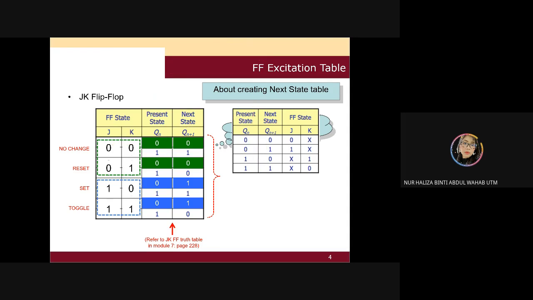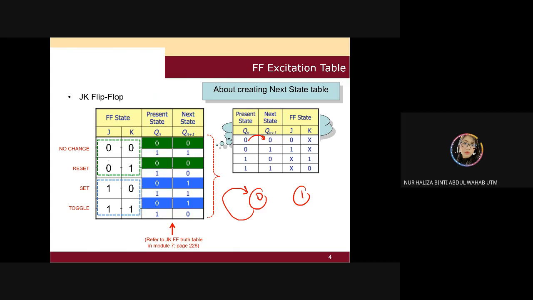Okay, later on you're going to see that. But from here, when you have 1, you have 0. Balik. Okay, you will go over here from present to next. 0 to 0.